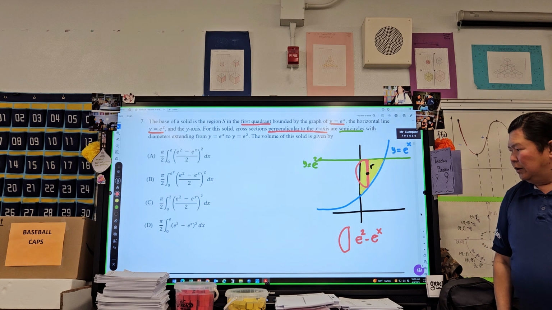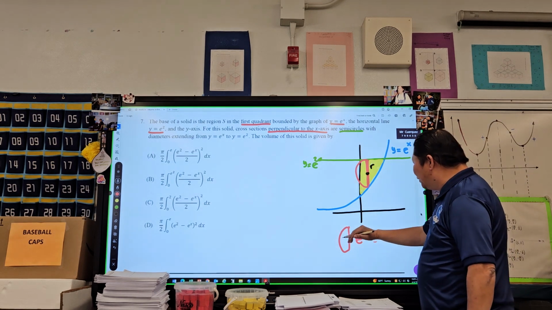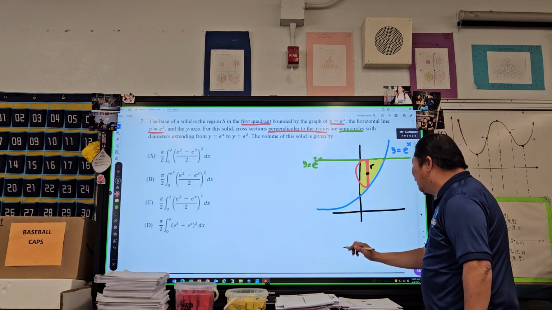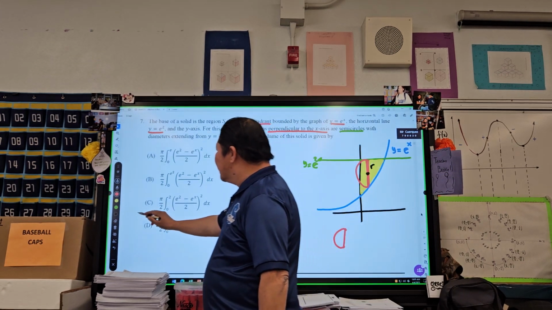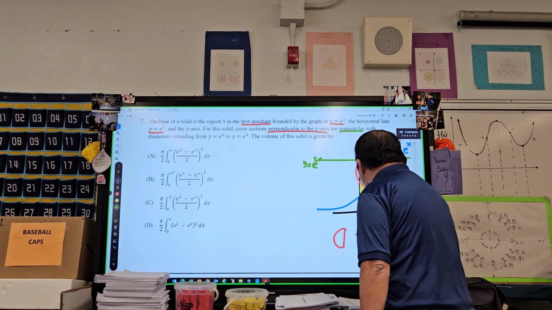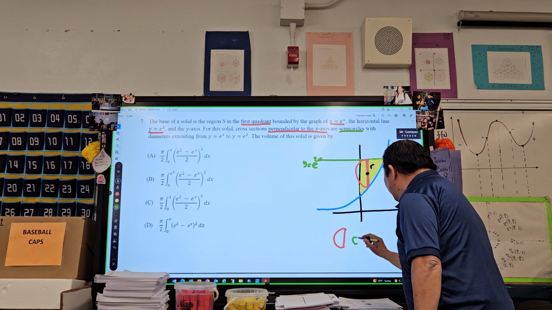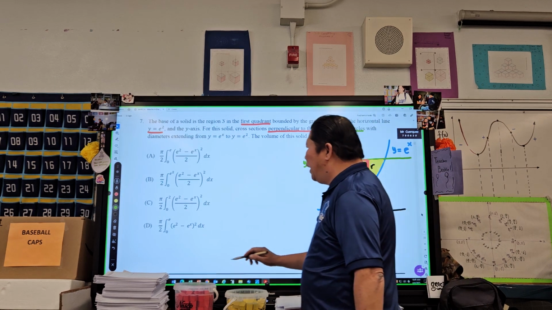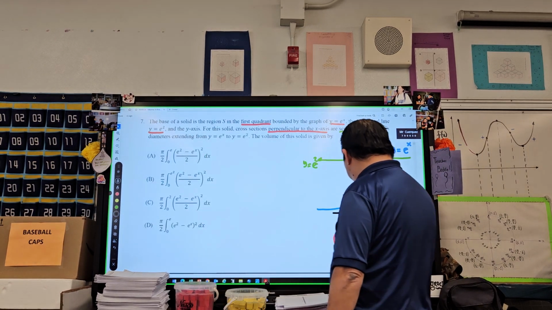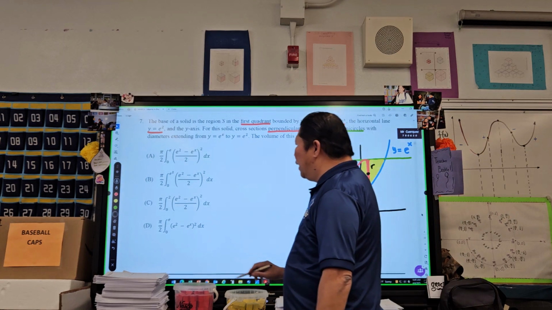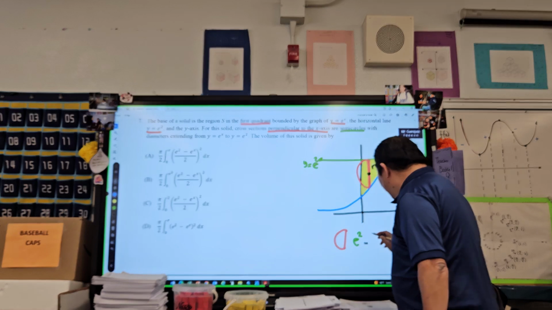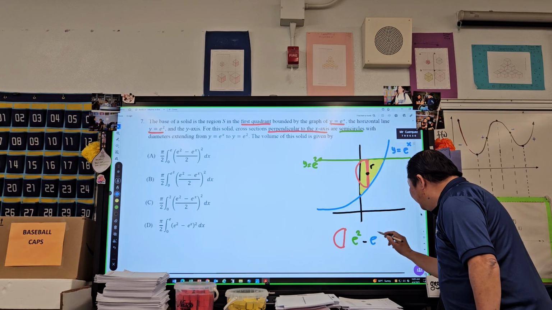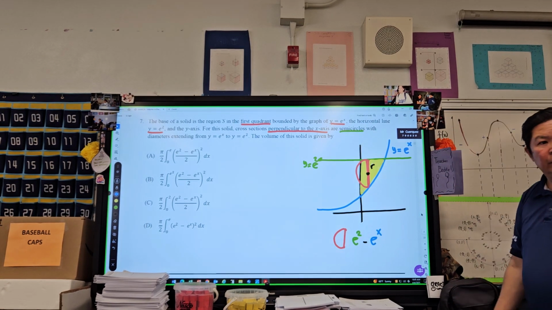Okay? Or I want color coding for you to understand clearly that this one is coming from the green, which is e to the power of 2, and then minus the blue one, e to the power of x.